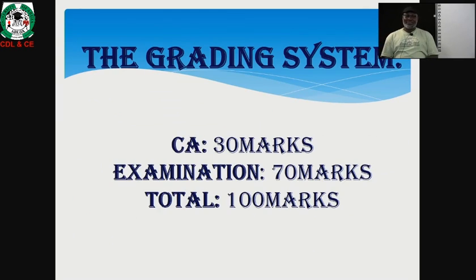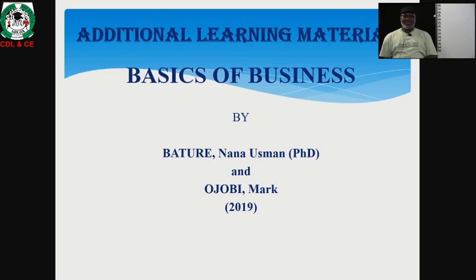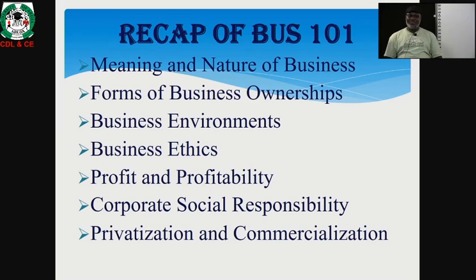The grading system, as we all know: the continuous assessment will take 30 marks, while the score for examination is 70 marks. Overall, total obtainable score will be 100 marks. The additional learning material is titled Basics of Business by Bature Nana Usman and Ojobi Mark, my humble self. This book was written in the year 2019.